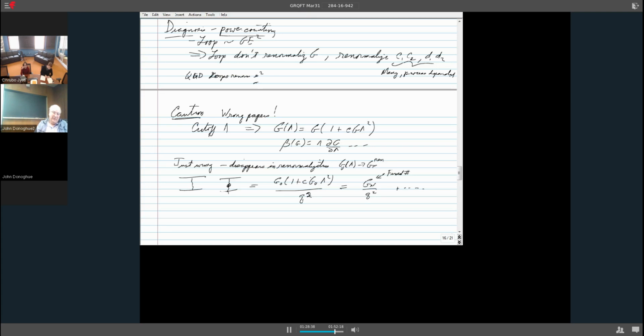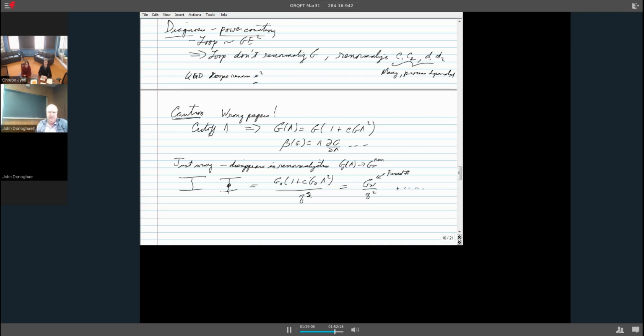You do this plus this guy. You find that you end up with G0 times 1 plus constant G0 lambda squared over Q squared. Okay, so you do get this correction. You get a correction to G that depends on lambda squared. But then you go out and you measure it.